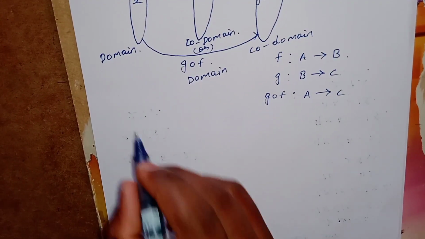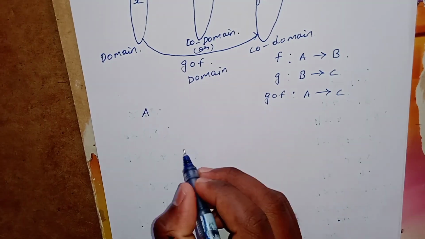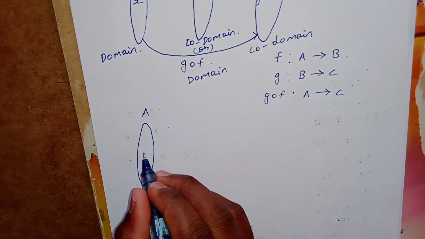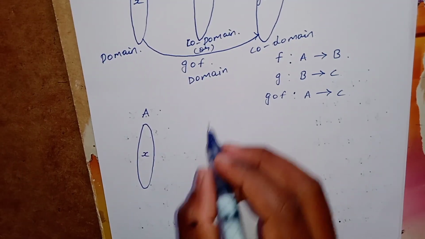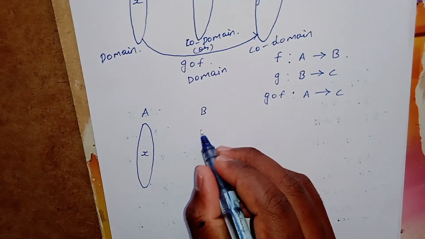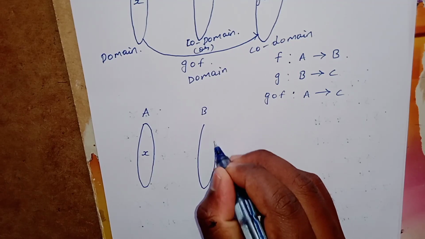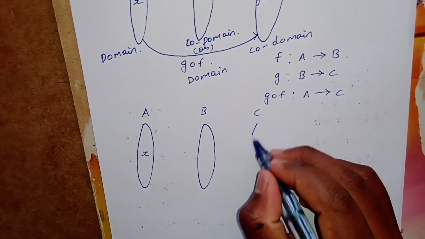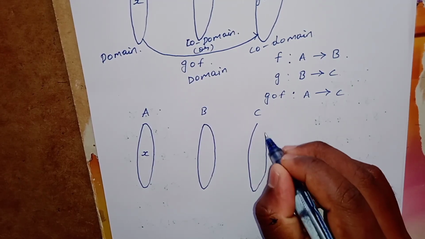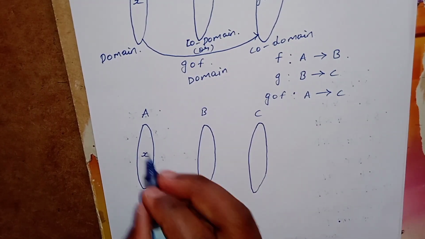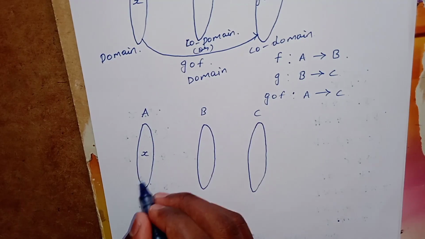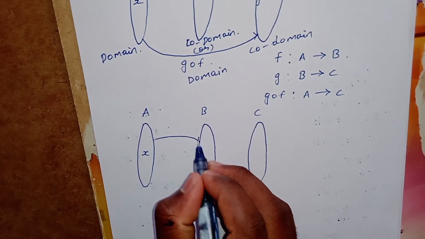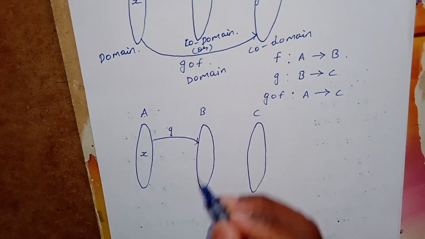Next, set A, here I am taking again x. Now set B, next set C. Now in set A, x is related to, now here it is g.